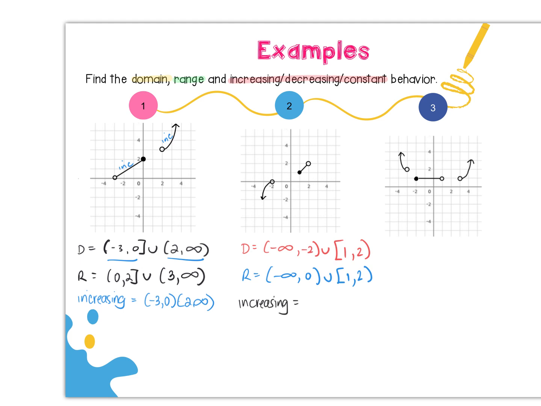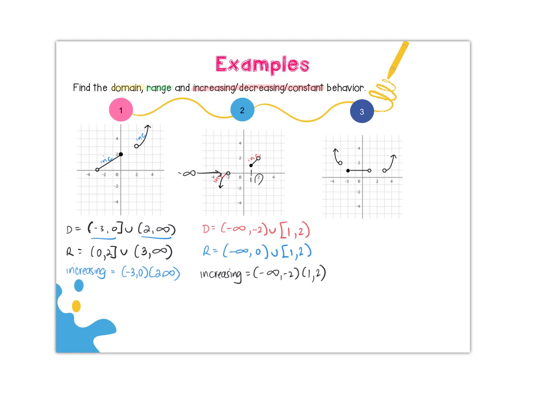Whether it's increasing or decreasing, except I'm going to be using parentheses. So it's increasing from negative infinity to negative 2. And then it's going to be increasing from x is 1 to x is 2, where it stopped. And everything gets a parentheses.